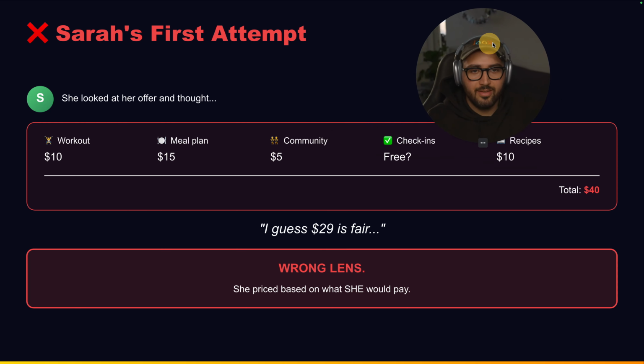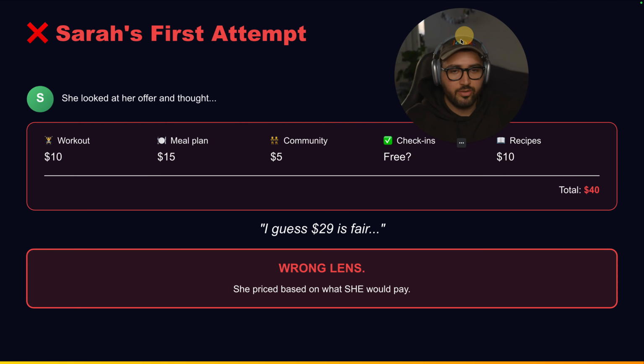And let's have a look at our example. Sarah's first attempt. She looked at her offer and thought, okay, for workout I can charge $10, for meal plan maybe $15, for community maybe 5, for check-ins I don't know, maybe it's free, for recipes $10, and in total it costs 40.